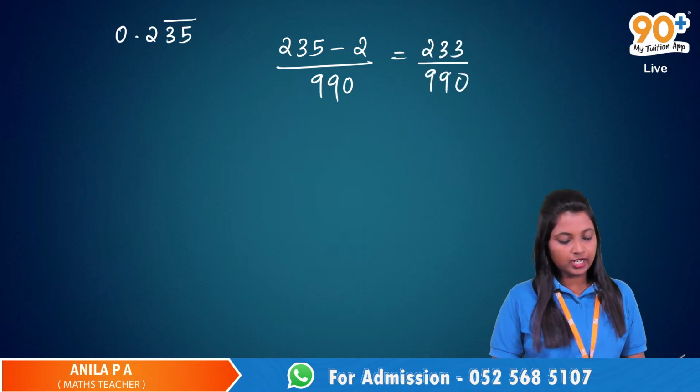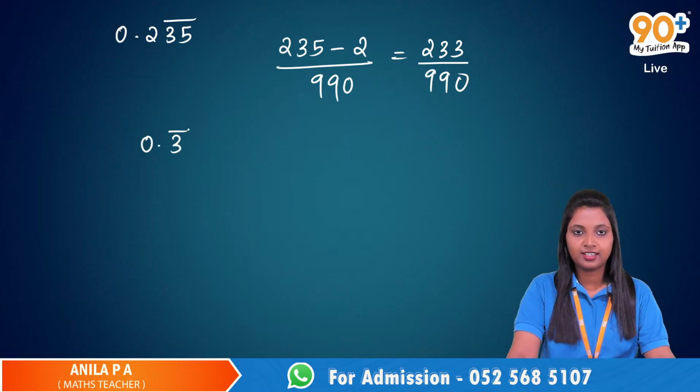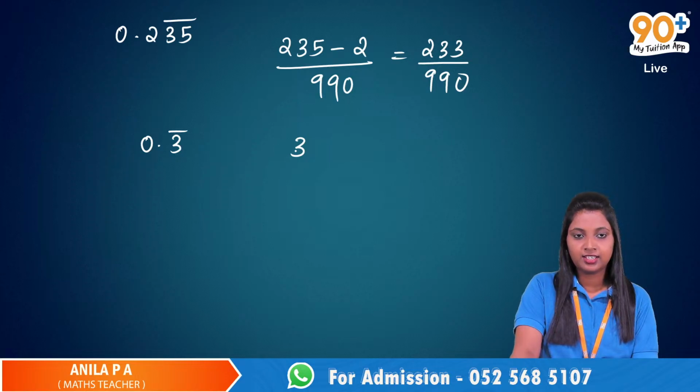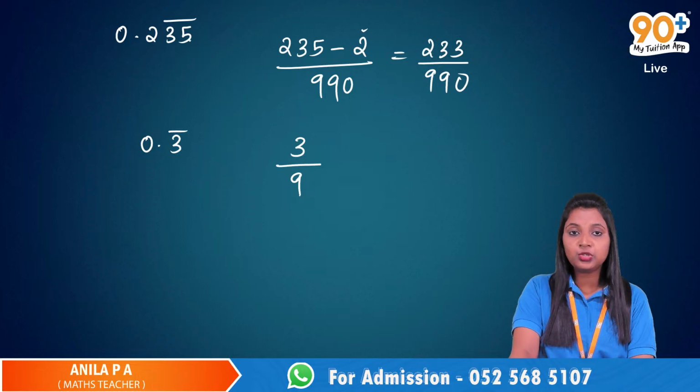So what about the other question, like 0.3 bar? We have 3 by 9. There is only 1 digit repeating, so 9. But here we subtracted 2 when 2 digits were repeating.